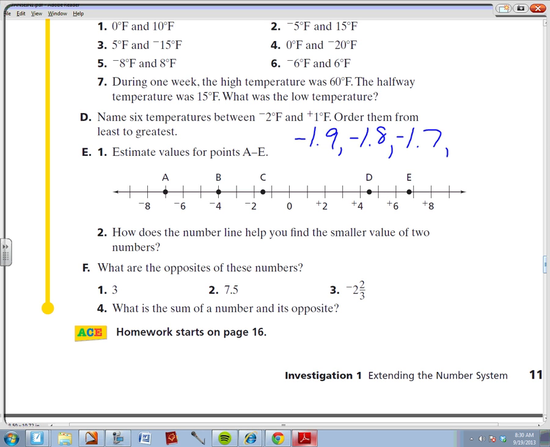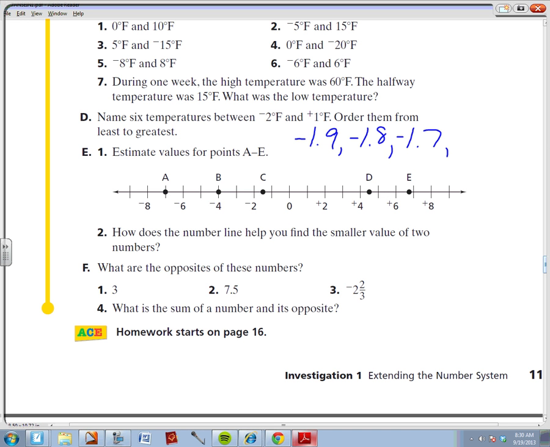You could have said 0.5. You could have said 0.7. Right? Any of those between -2 and 1 would have been good. And then number E1, estimate the values for points A through E.